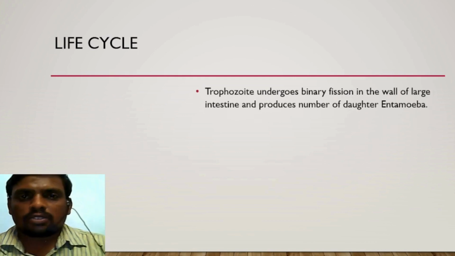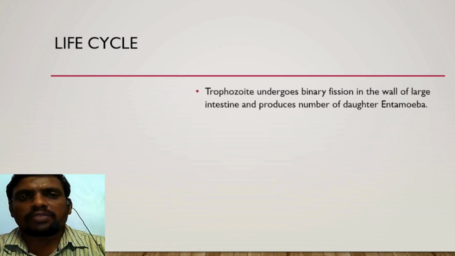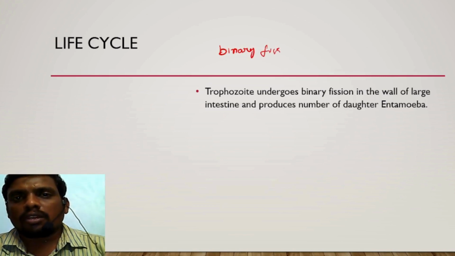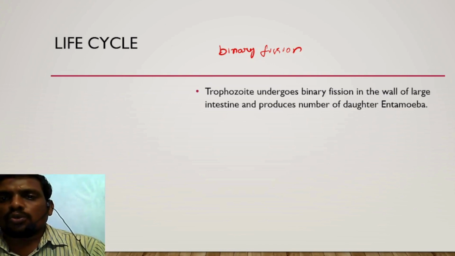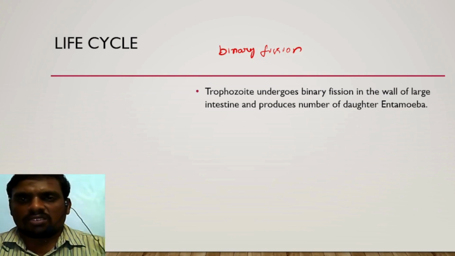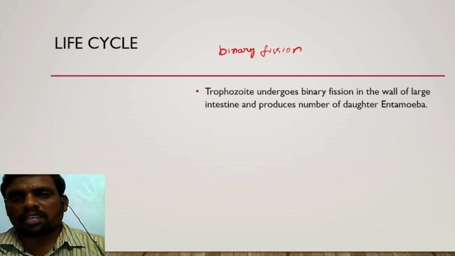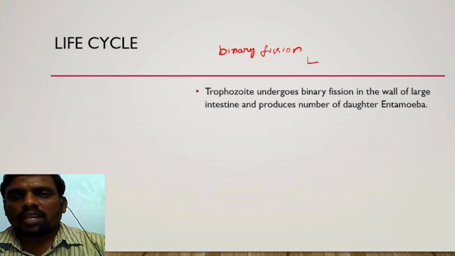Life cycle. The trophozoite undergoes binary fission. You know very well about binary fission. Bi means two. The trophozoite divides into two equal sized structures in the wall of the large intestine, producing daughter Entamoeba.